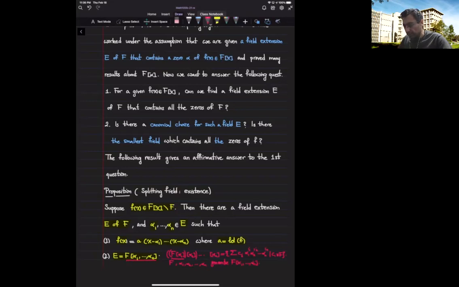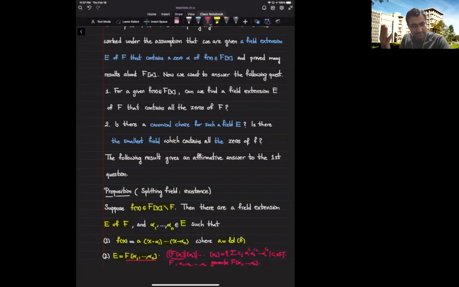So again, what we want to show is that whenever I give you a non-constant polynomial f, we can find a field extension E of F that contains all the zeros of the polynomial f. So using the generalized factor theorem, we can factor the polynomial f into linear factors. And because f is not necessarily monic, I need to multiply these linear factors by the leading coefficient of f.